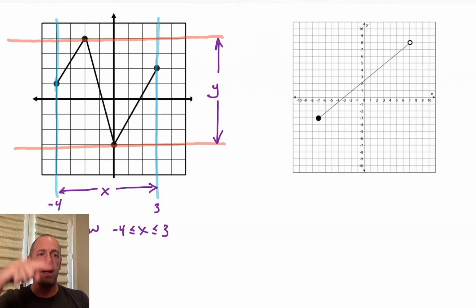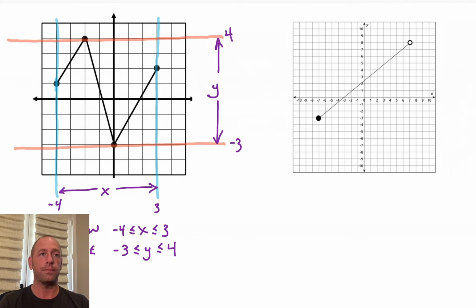And I'm sorry that my head is cutting off the words domain and range. So we're going to show that the y values are always greater than or equal to -3. That's what the first inequality says. The second piece of it says that the y values are always less than or equal to 4. And that's it.